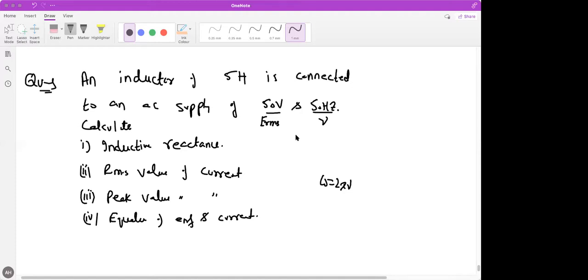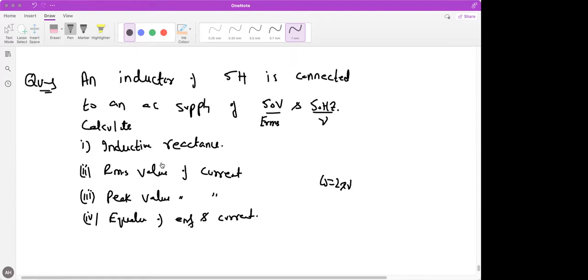Noor, third. Okay, let me check third part. Yeah, Shehzada, this part is correct. First is correct.